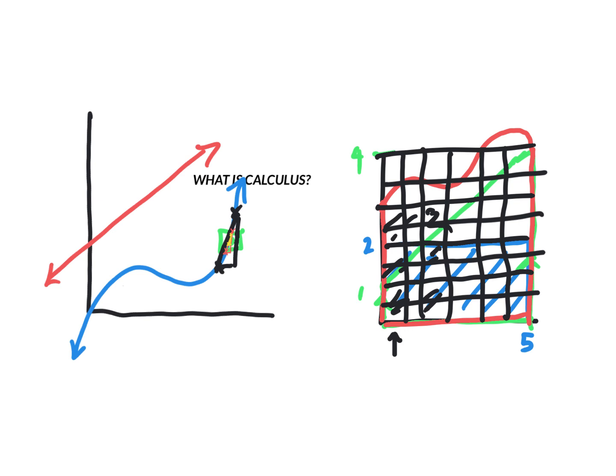So in both the slope question and the area question, what we're really thinking about is getting such small divisions, and we call these divisions, as they get smaller and smaller, we say that they are defined by a limit. The limit in this case as this little difference in x becomes closer and closer to 0.